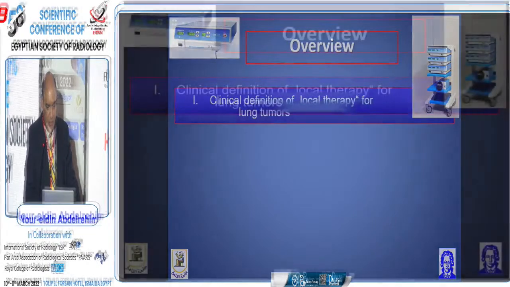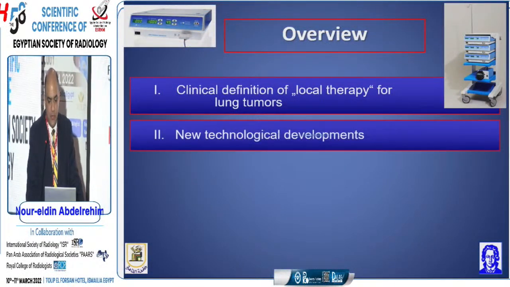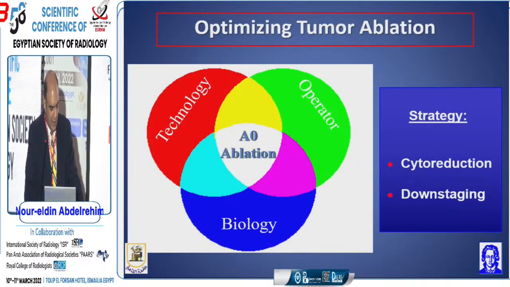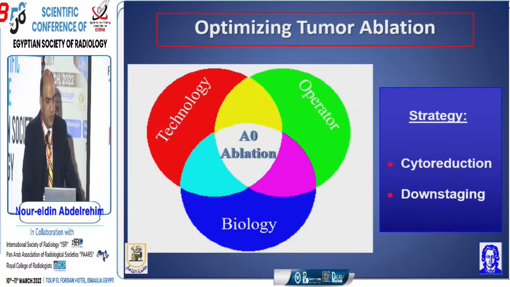So what I'm going to describe is the definition of the clinical concept of local therapy for lung tumors, the new techniques and developments, what we are going to do by ablation technique, and what is the future of the combined concept. How to do a proper tumor ablation.